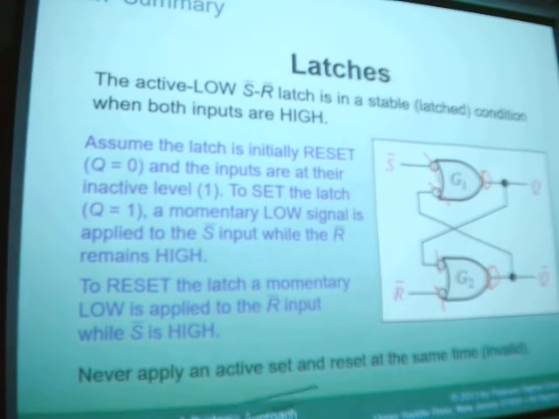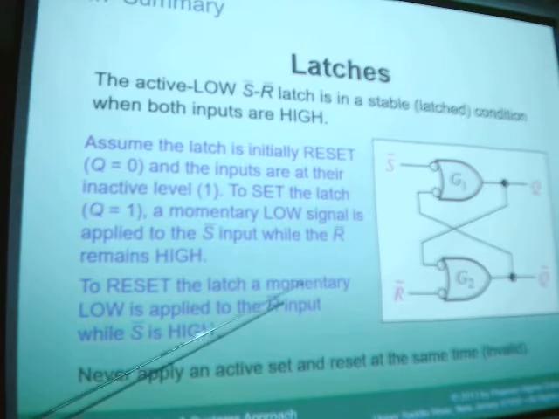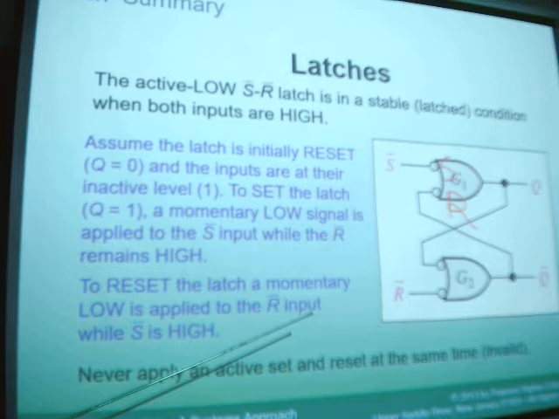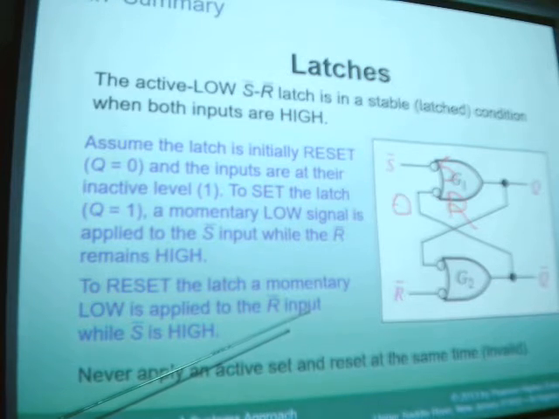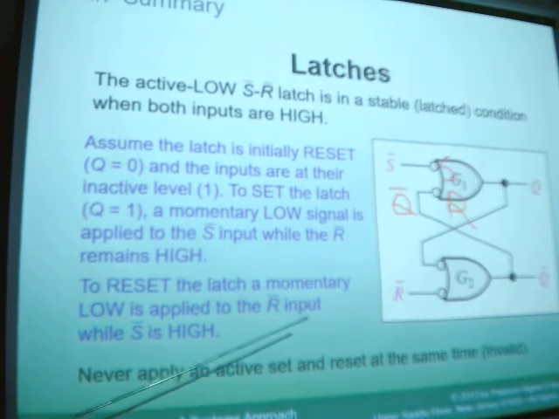And for the original diagram, we know that Q equals the output of the inverter, which is S. The output of this inverter is Q, right? Because this is Q bar, right?